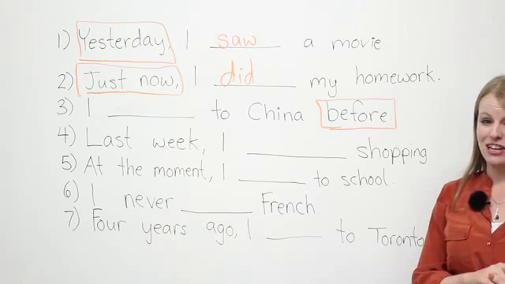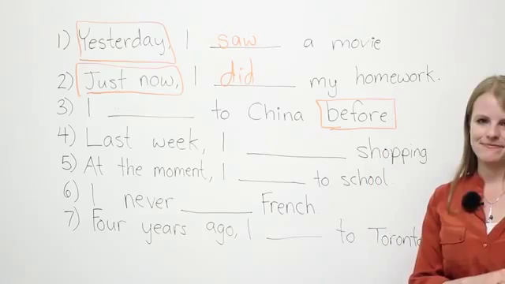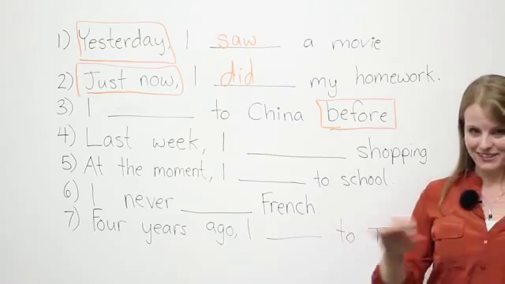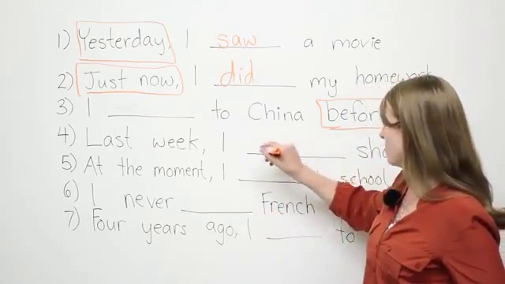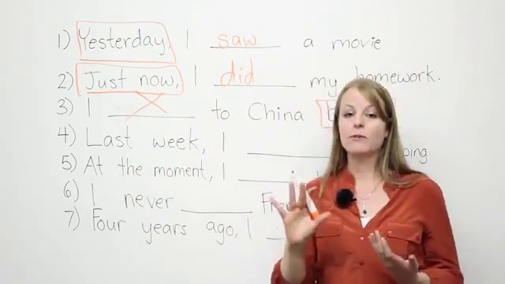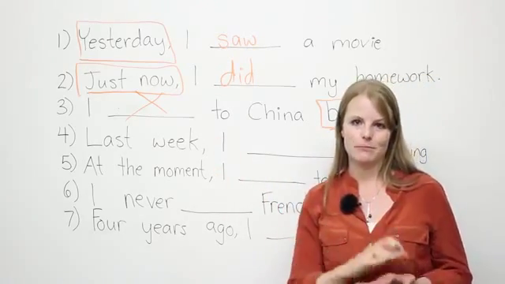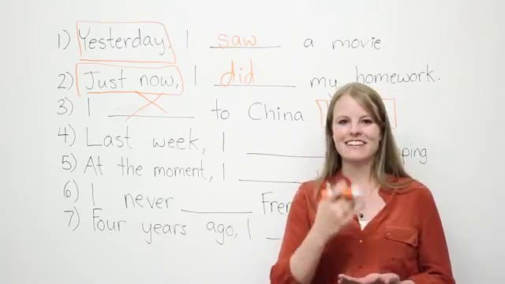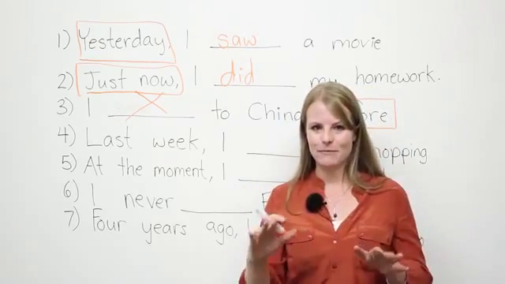Or I have been to China before? What do you think? It is not simple past. So I'm just going to put an X here. I won't explain which tense it is, but just know before is not simple past, okay? It is not simple past.